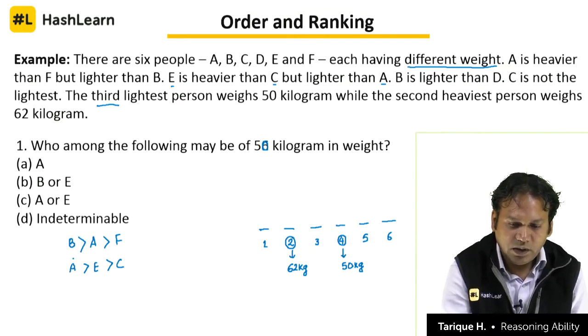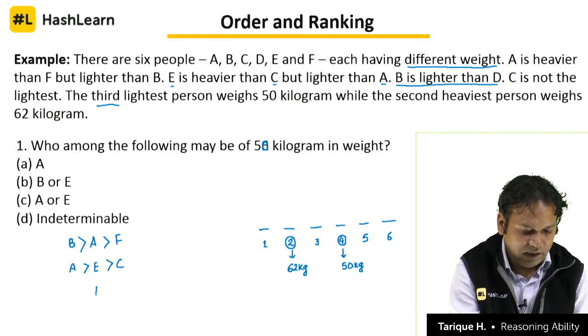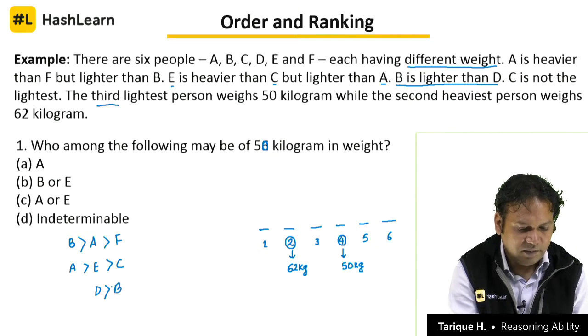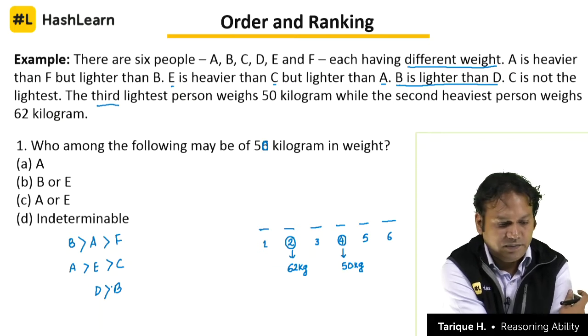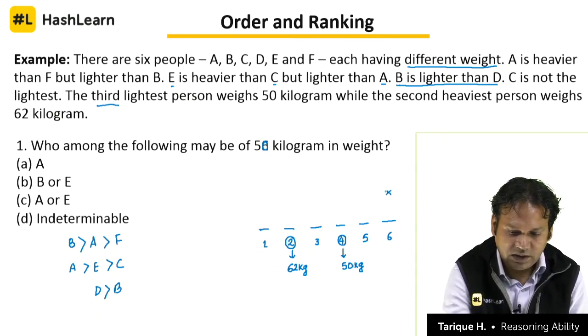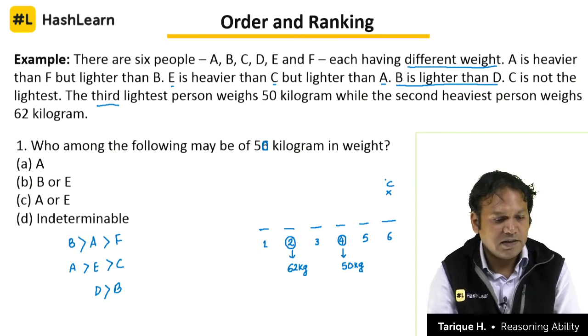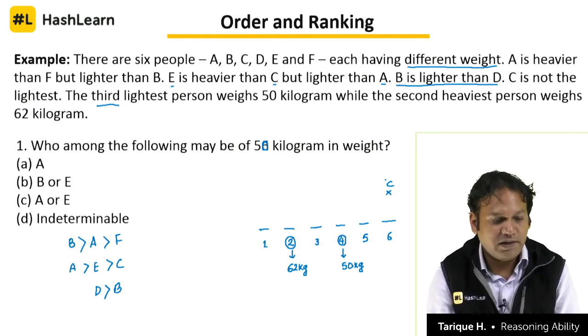Now the third one is: B is lighter than D, that means D is heavier than B. C is not the lightest, so the lightest person will not be C. The third lightest person weighs 50 kilograms while the second heaviest person weighs 62 kilograms.